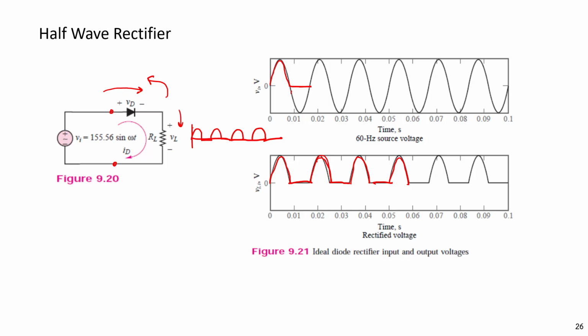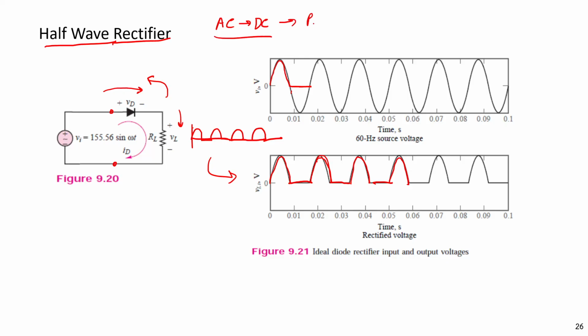We get only positive voltage for VL, right? We call this type of circuit a rectifier circuit. Okay, rectifier circuit. With a single diode, we get a half wave rectifier circuit. Okay, this is half wave rectifier. We can get a full wave rectifier with some more diodes in the circuit. So we can transform AC to DC signal. Okay. So the rectifier circuit is the circuit that changes AC to DC, right?